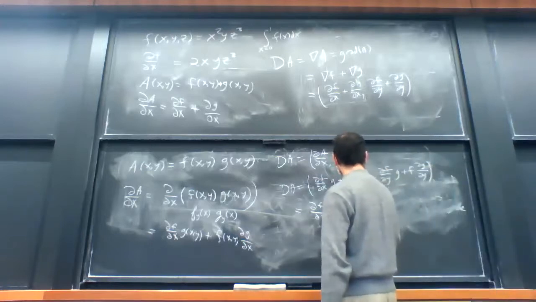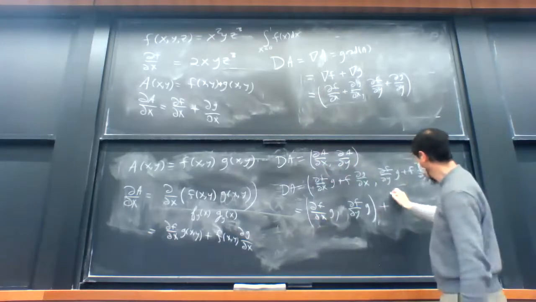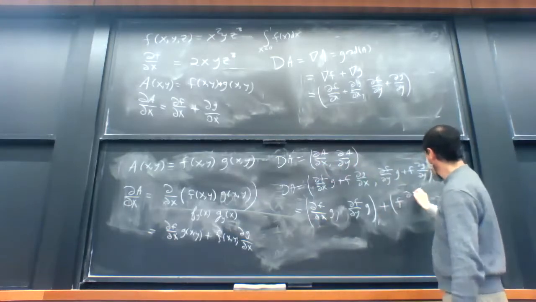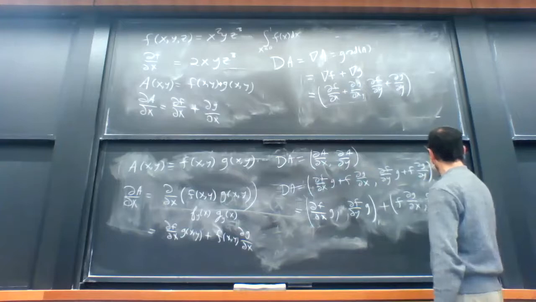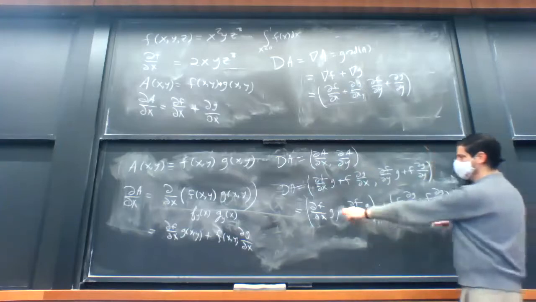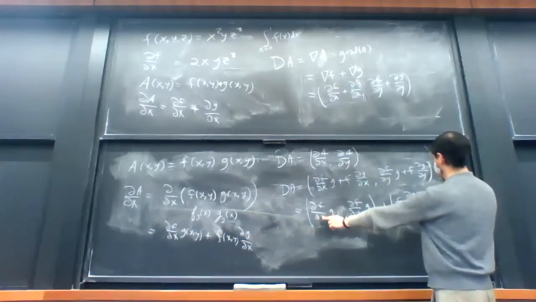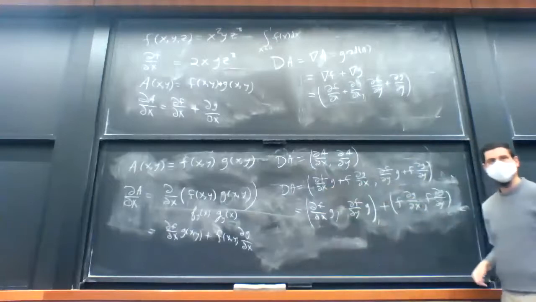And the second vector would be f dg/dx, f dg/dy. So you can see if you add them together, df/dx g plus f dg/dx. Oh, good. That's exactly what this piece was.